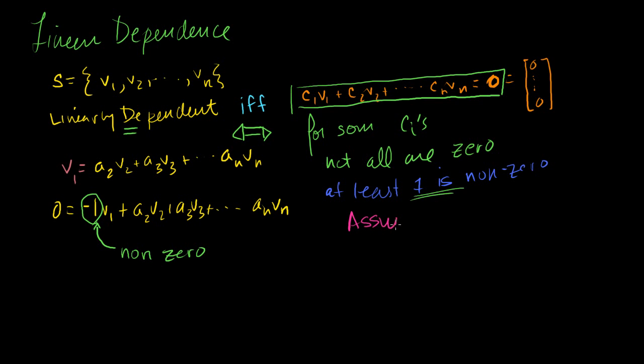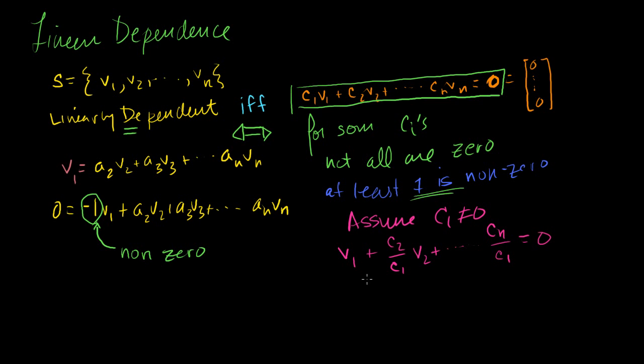Let me assume that c1 is not equal to 0. If c1 is not equal to 0, then I can just divide both sides of this equation by c1. And what do I get? I get v1 plus c2 over c1 v2 plus all the way up to cn over c1 vn is equal to 0.